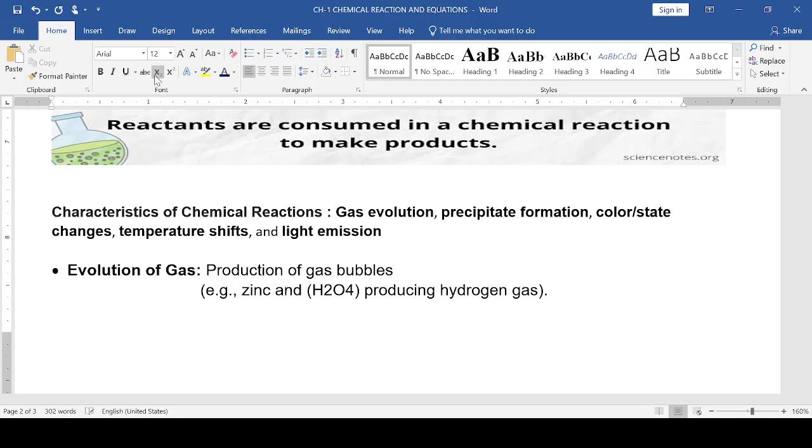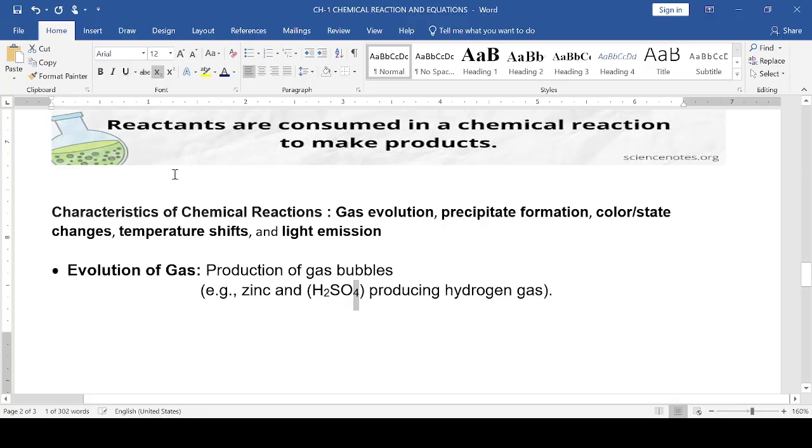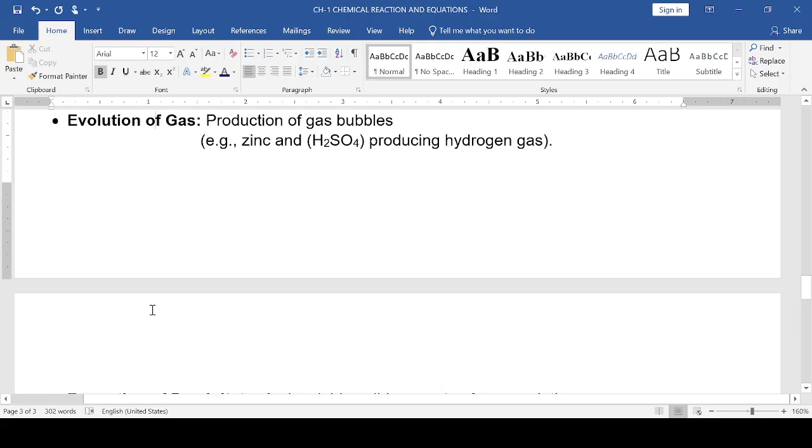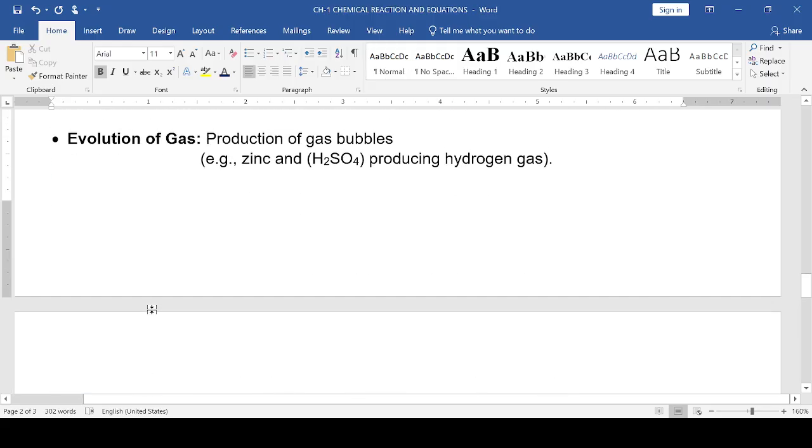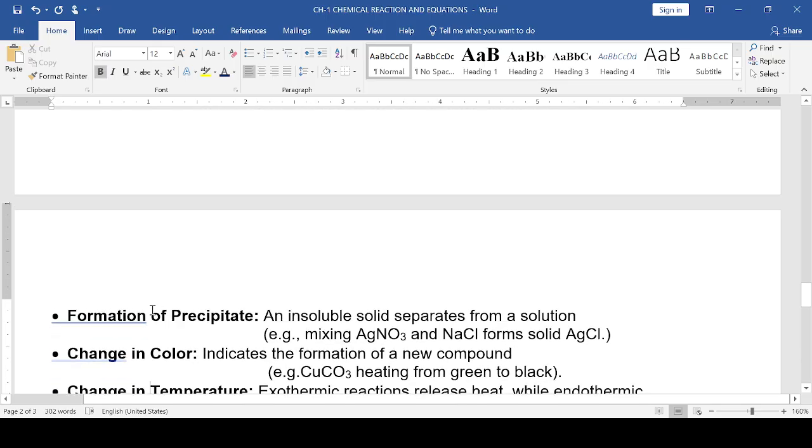Then you are going to get hydrogen gas. So evolution of gas. How do you know? The gas bubbles will be released in this reaction.